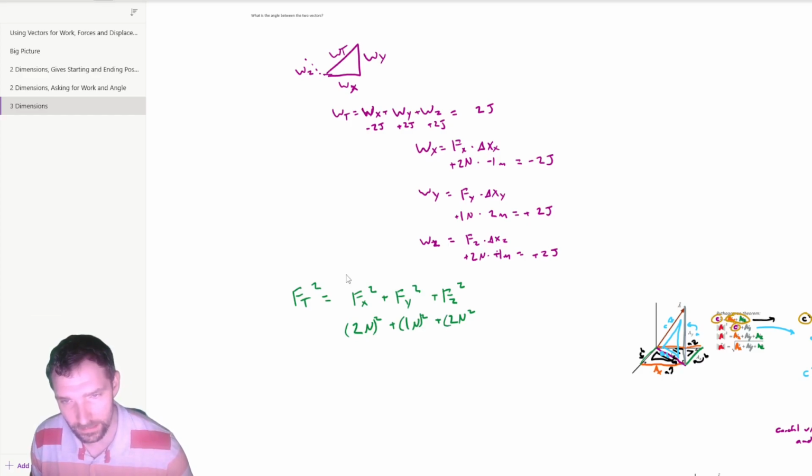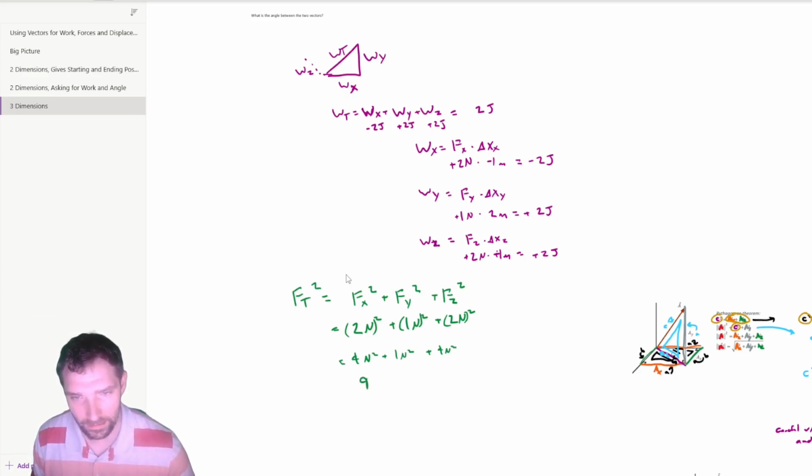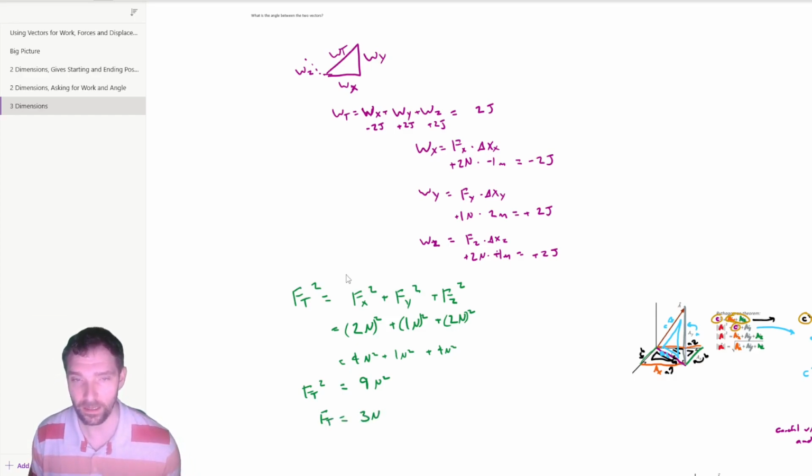And you can see that this is going to be a little bit weird, but we've got 4 N squared plus 1 N squared plus 4 N squared. We add those up, we get, what is that? 9 N squared. And so this F total squared is equal to that, and we can then just square root it, and you should be able to see at this point that that's going to be 3 newtons for the total force.